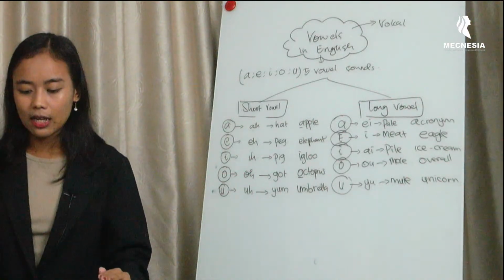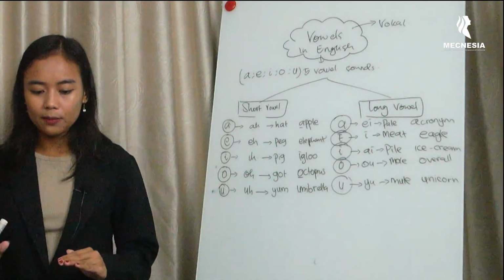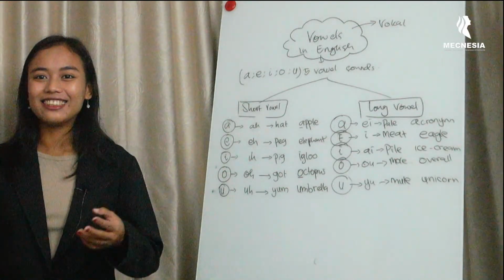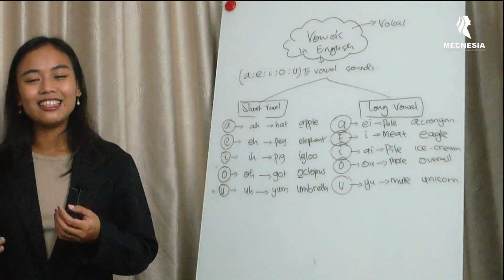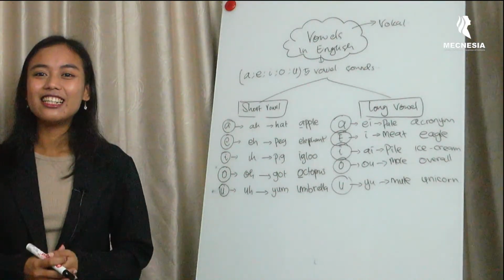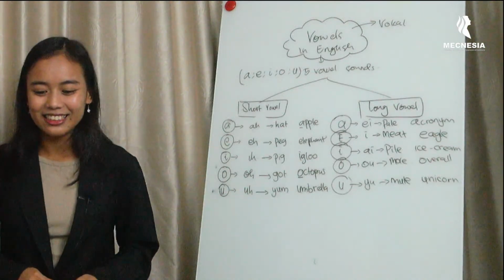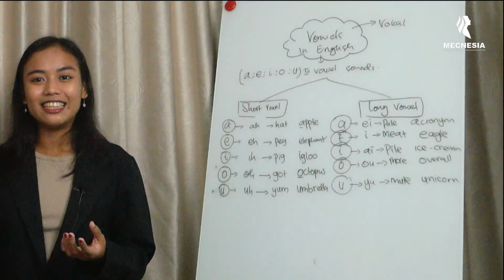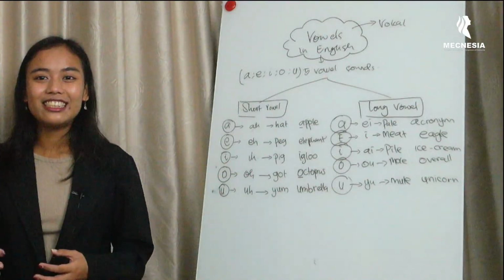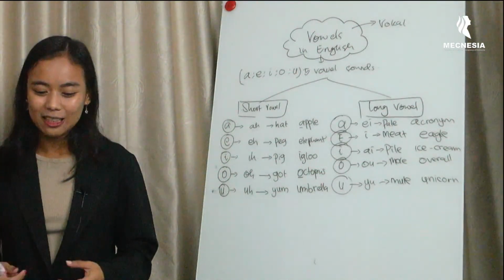Ketika huruf E-nya diikuti oleh huruf Y. For example, monkey. Let's say it together, monkey. And then money. Let's say it together, money.